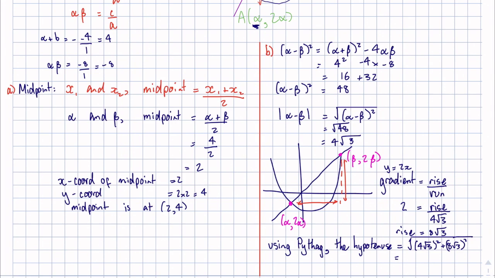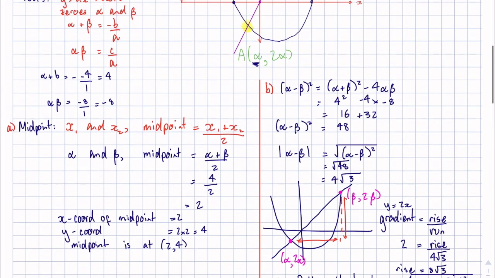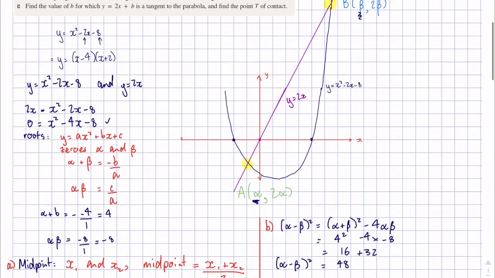No, it's not nice. Okay, so we've got the square root of 240. What's the biggest square that goes into that? 16. 4 root 15. That's the distance.